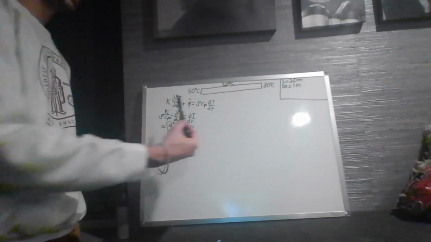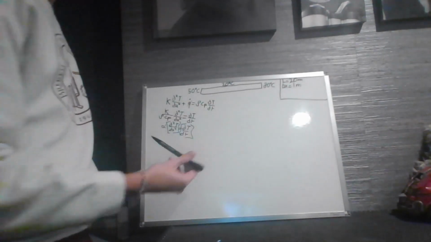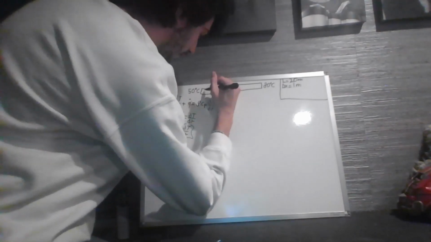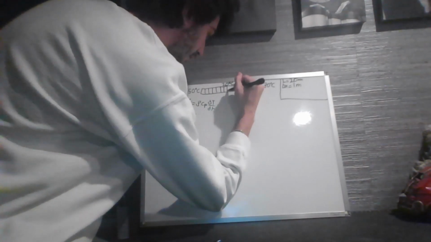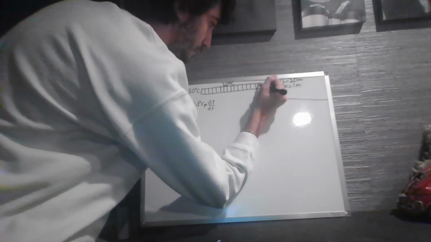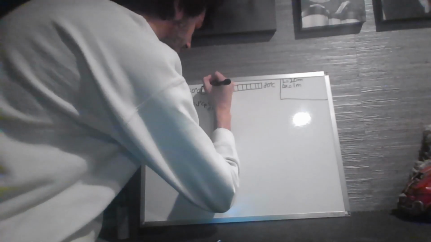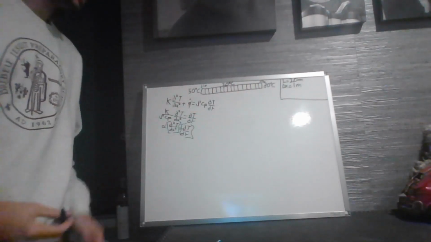What we're going to do is break this bar up into equal increments of 1 meter so that we get 20 equal increments throughout this bar. Now, this drawing might not be perfect, but just imagine that there are 20 equally sliced pieces in this bar, starting from j equals 0 all the way to j equals 20. All right, we have 20 meters. They're each 1 meter long. We have 20 of them.